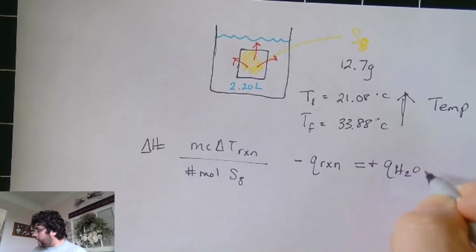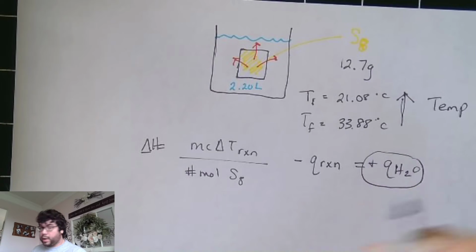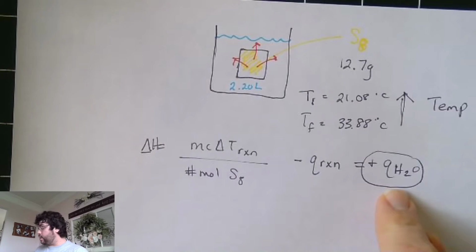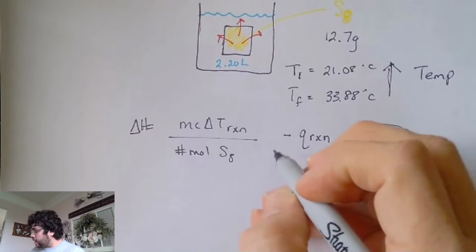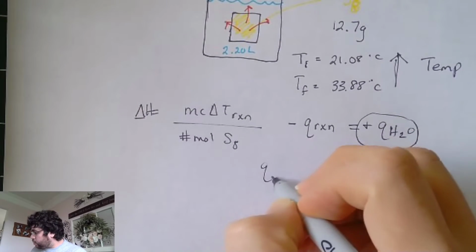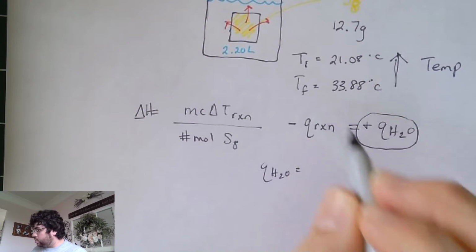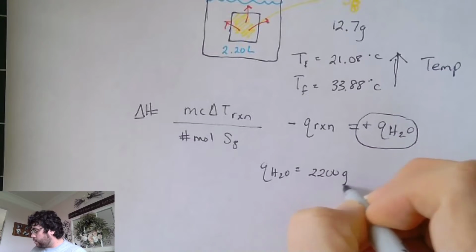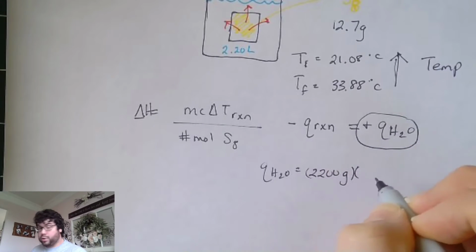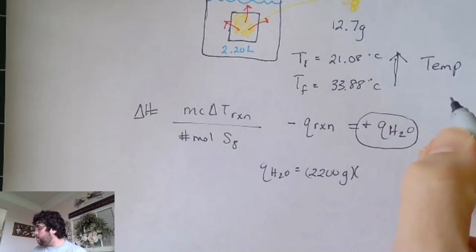So I can calculate this, though. I can calculate the value of heat gained by the water because I know the specific heat of water, I know the change in the temperature of the water, and I know how much water there is. So let's go ahead and do that. Q for the water is going to be equal to 2.2 liters, that'd be 2,200 grams because there's 1 gram per milliliter, and 2.2 liters is 2,200 milliliters.